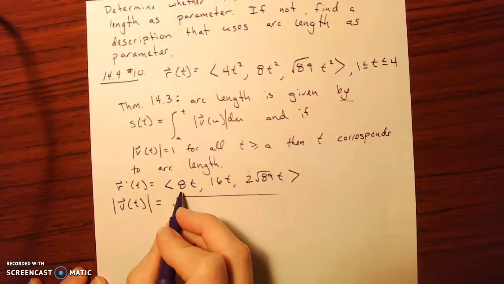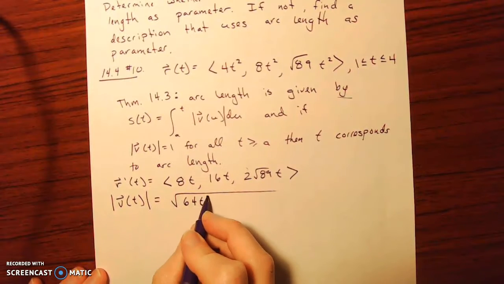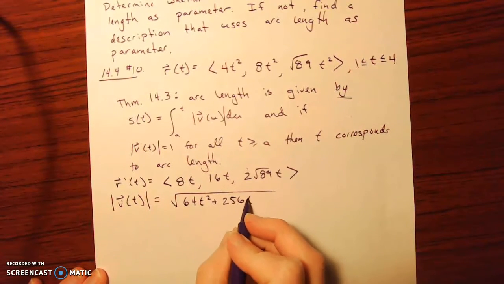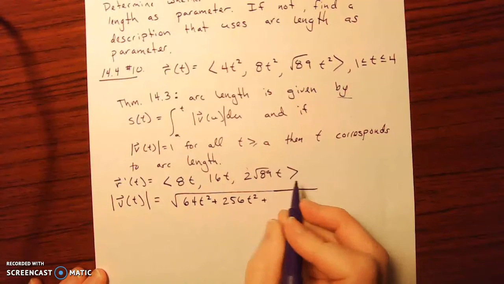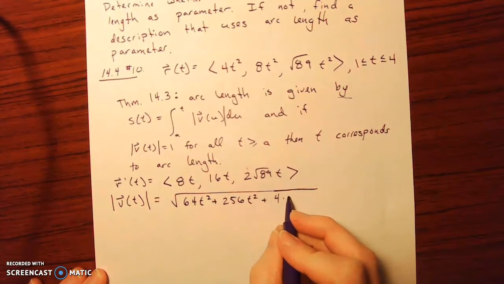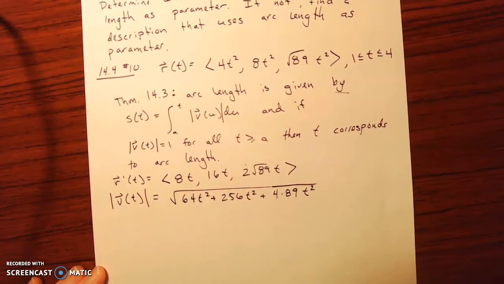So you have the square root of 8t squared, which is 64t squared, plus 16 squared, which is 256 t squared, plus 2 squared times 89t squared, which is 4 times 89t squared.